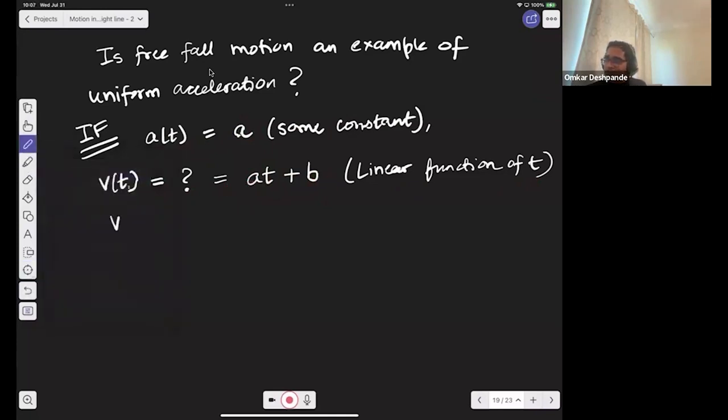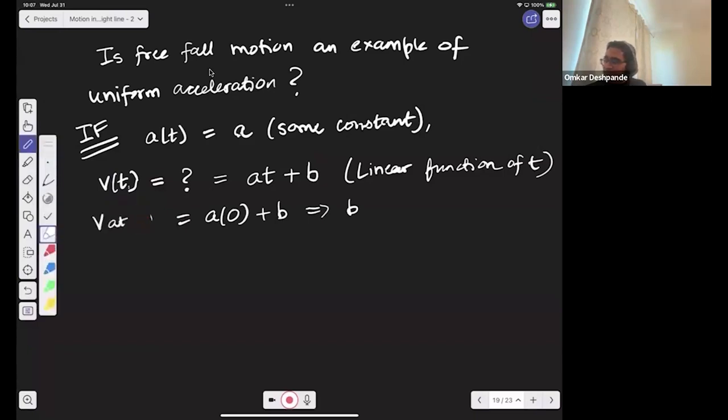v of 0, the velocity at time 0, is a times 0 plus b, right? This means my b, by the way, here I should say velocity at t equal to 0. Okay. Because a times, I don't want you to think that this is acceleration at time 0.